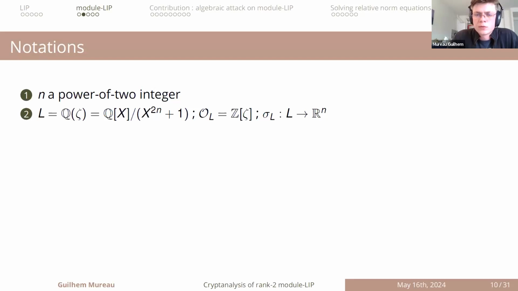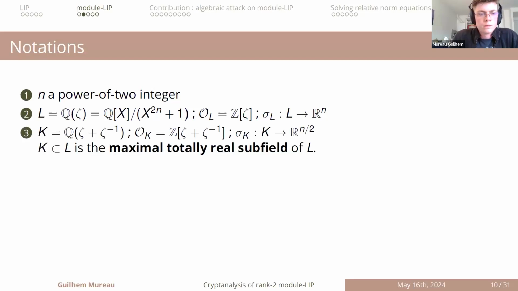And there is a canonical map from L to R to the n, which can be either the canonical coefficients, if you prefer, or the Minkowski embedding. The cyclotomic field contains a subfield K, generated by zeta plus zeta minus 1. It is called the maximal totally real subfield of L. So it is an example of totally real fields. And you have to keep in mind for the following that our attack works on this subfield and not on the cyclotomic field.